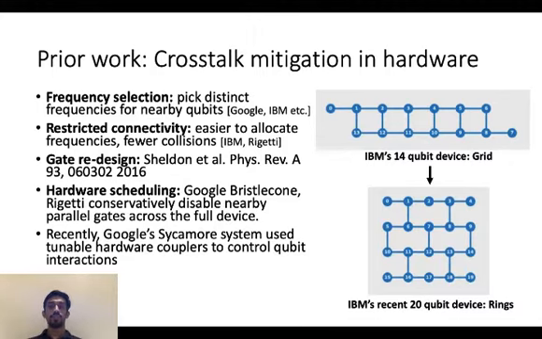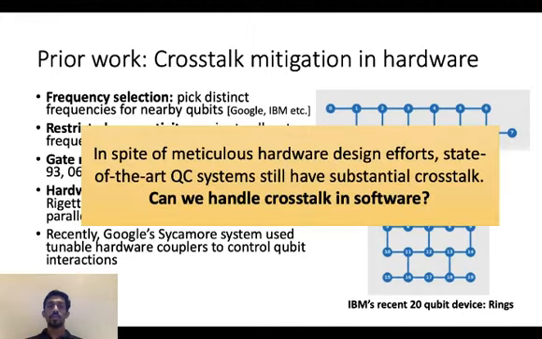There have been efforts to redesign gates, and also very conservative hardware scheduling policies where all nearby parallel operations are blocked. But in spite of all these efforts, we see that state-of-the-art systems still have substantial crosstalk. So the main question that our paper tries to address is: what can we do about crosstalk noise in software?